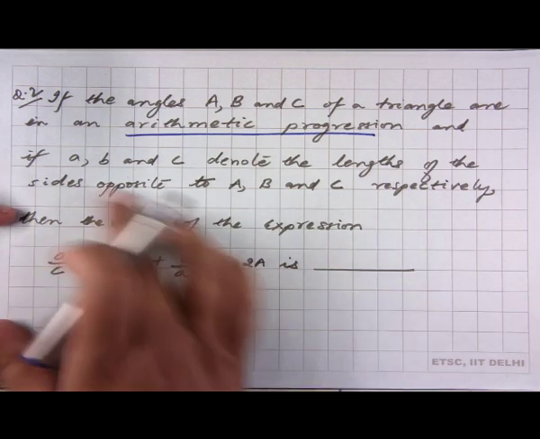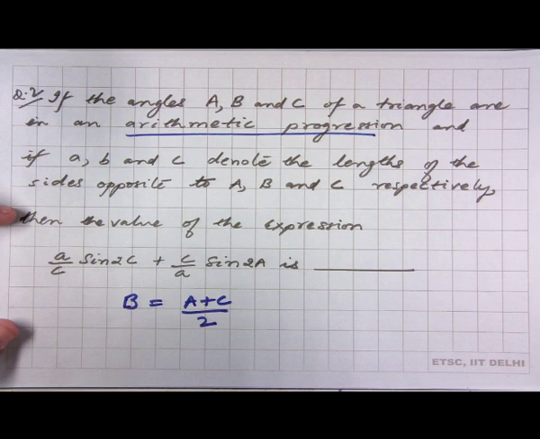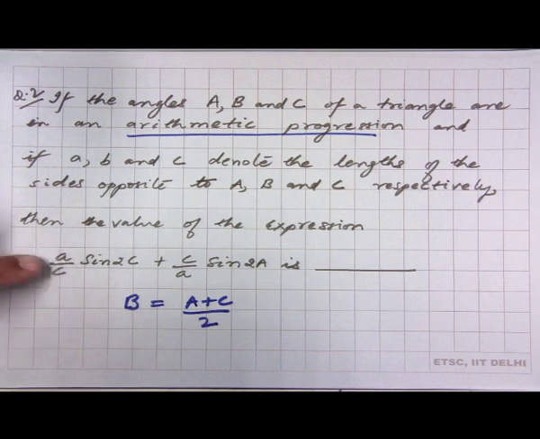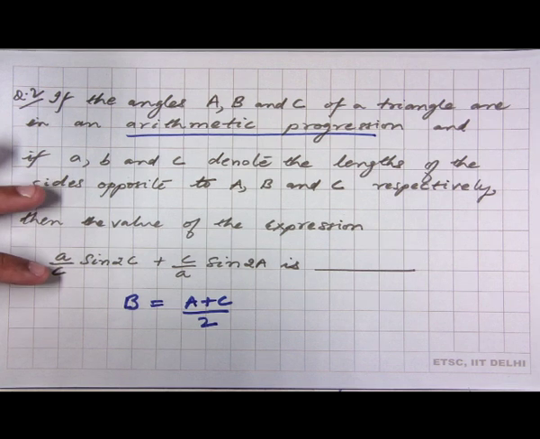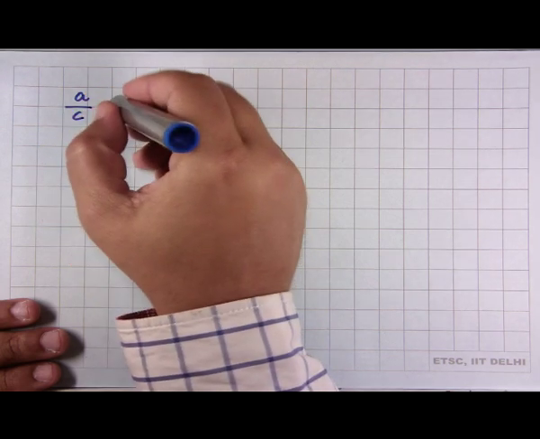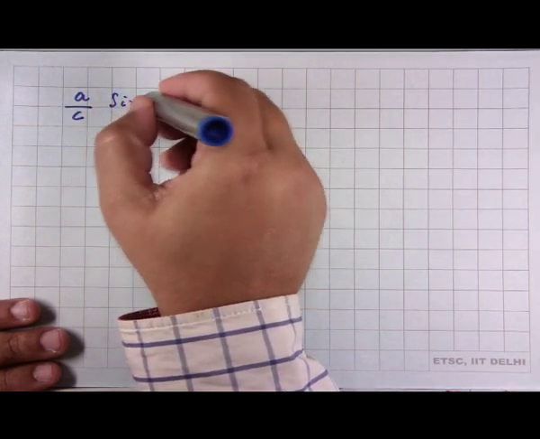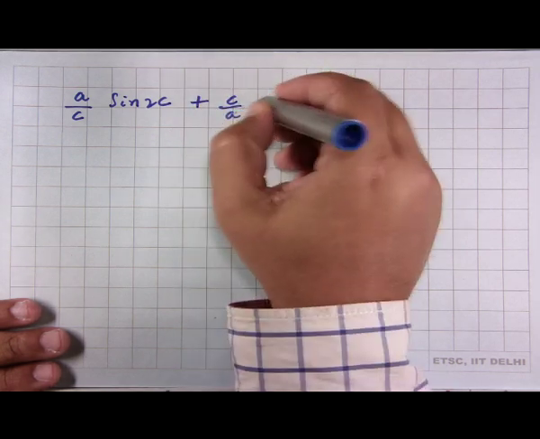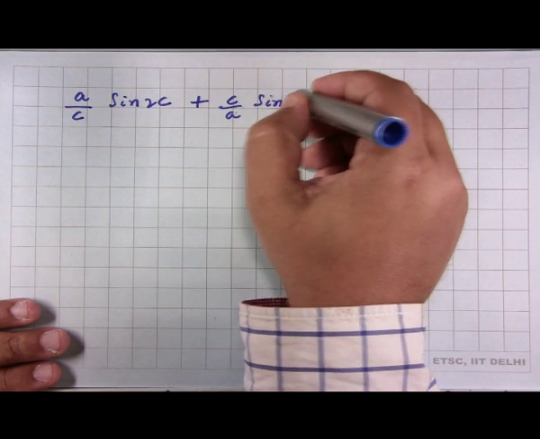This in fact is the convention that we have been following so far. It is asking us to compute the value of this expression, which is a by c times sin 2C plus c by a times sin 2A.